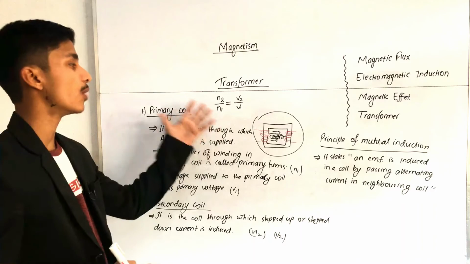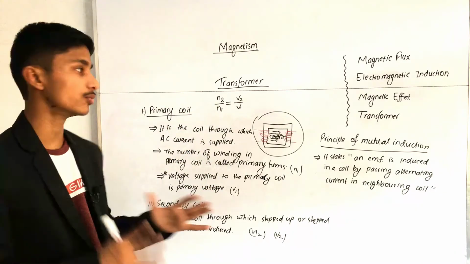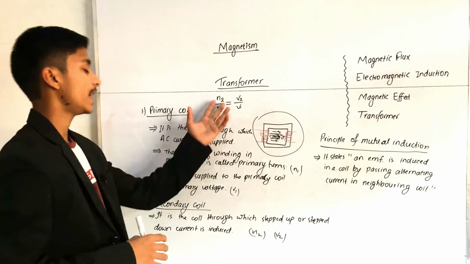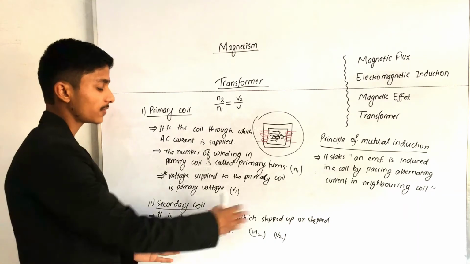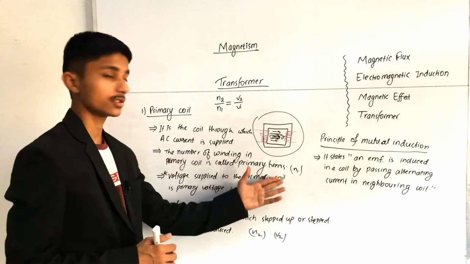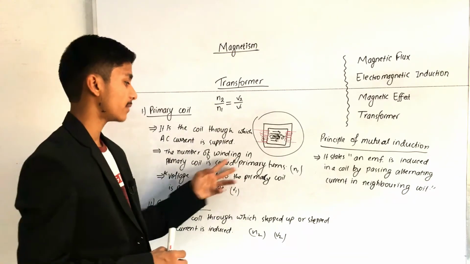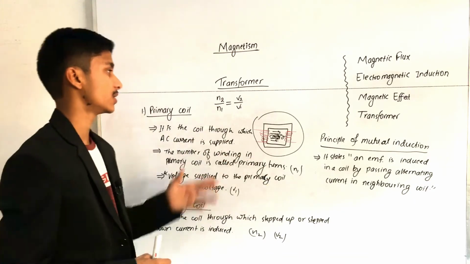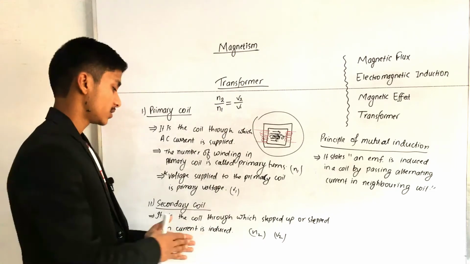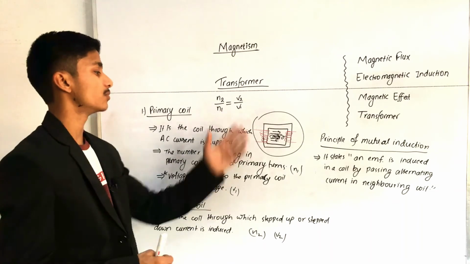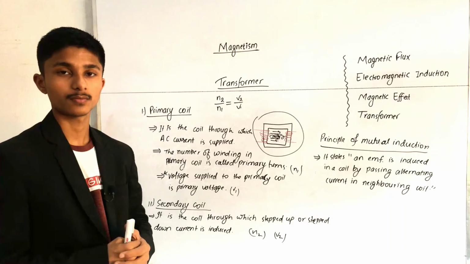Here N2 means number of secondary turns, and N1 means number of primary turns. V2 means secondary voltage and V1 means primary voltage.